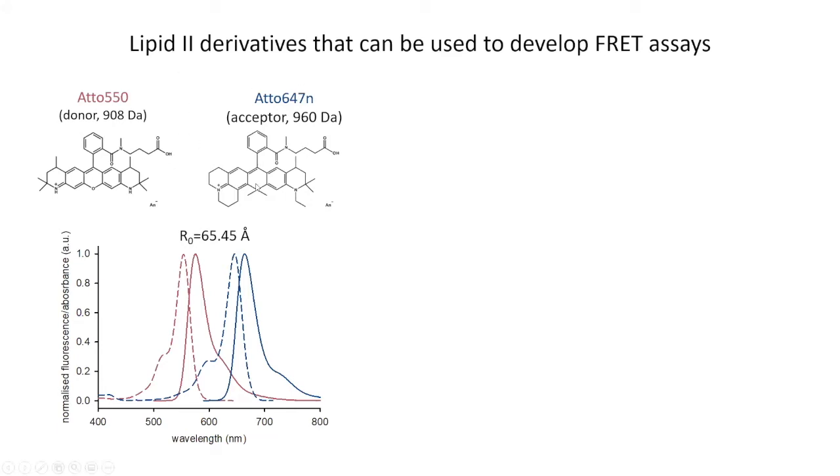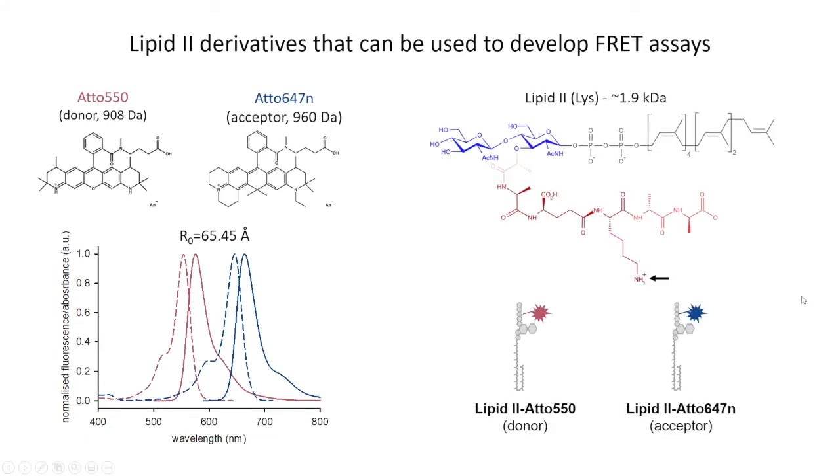So we attach these two probes to the third amino acid in lipid 2, and so we created two molecules labeled with the donor or the acceptor. Because of the way that we are attaching the probes, we cannot have transpeptidase activity, because we're blocking one of the residues involved in these reactions. So we need to add a third component to our reactions, unlabeled lipid 2, to have transpeptidation.